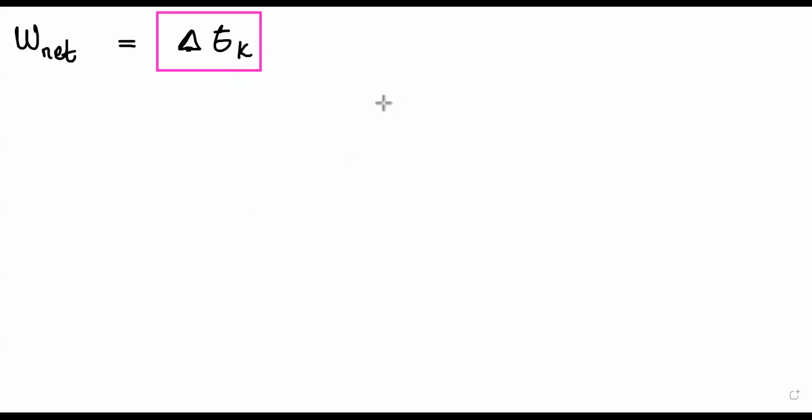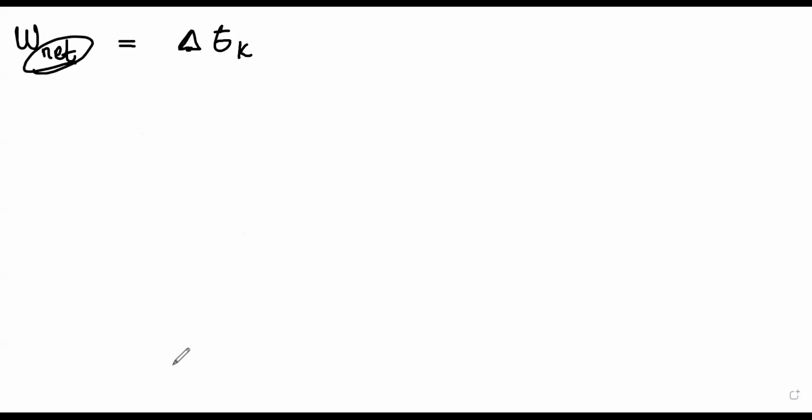So definitely we know that there is a change in kinetic energy. But then the question is, what is your net force in this case? Well, it is actually the frictional force. What did they say anyway? They said we should calculate the magnitude of the frictional force, which is our net force.